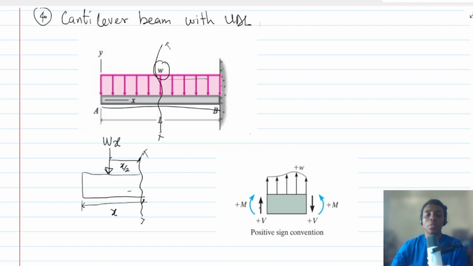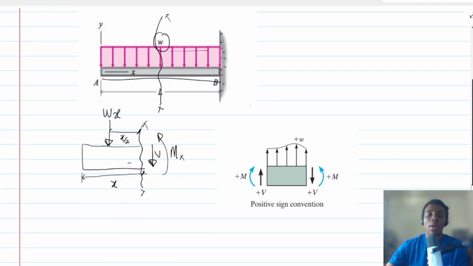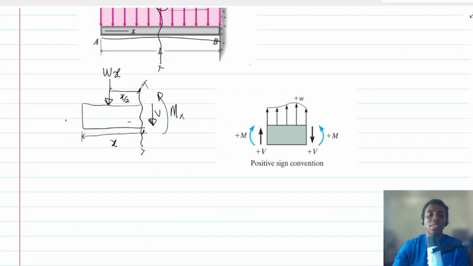So you are going to bring the shear force V down, and then a moment which is going this way. Let's call that moment Mx. Now at this juncture, we are going to sum moment about x, and let's say that clockwise is positive, should be 0.